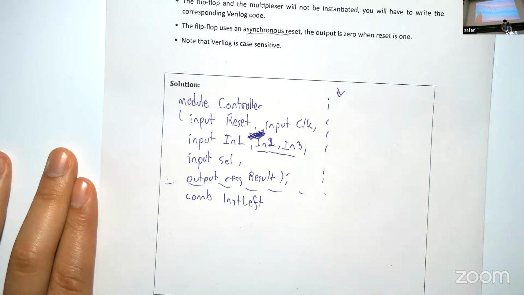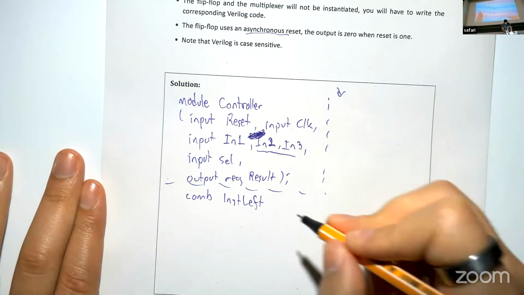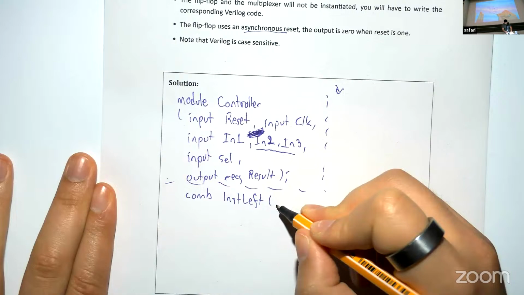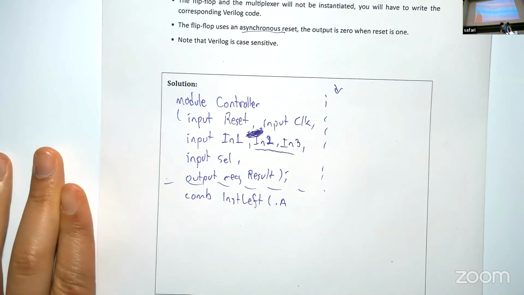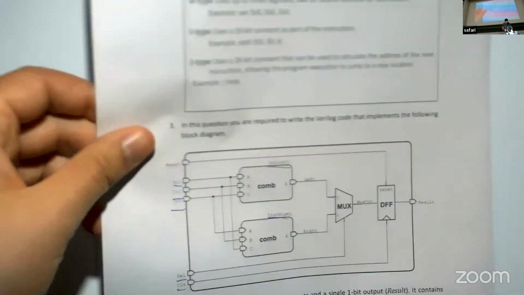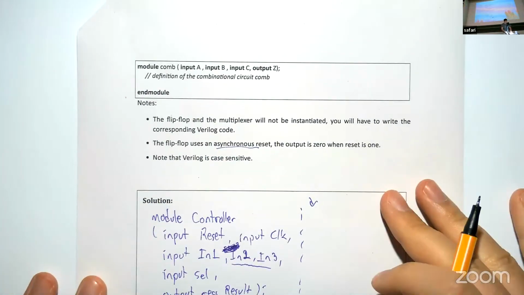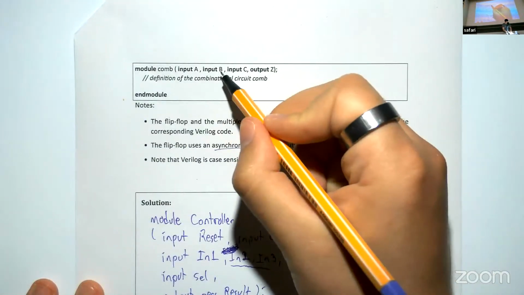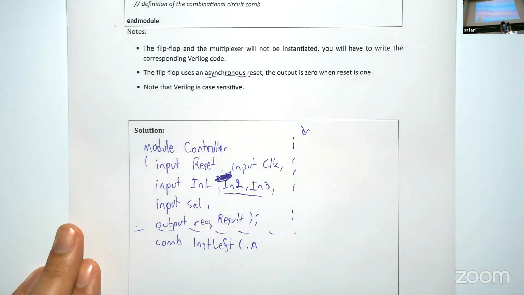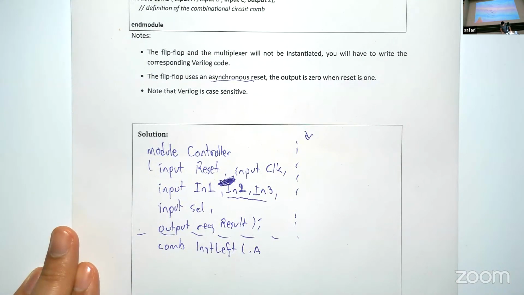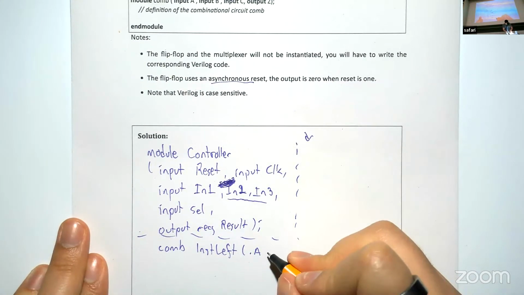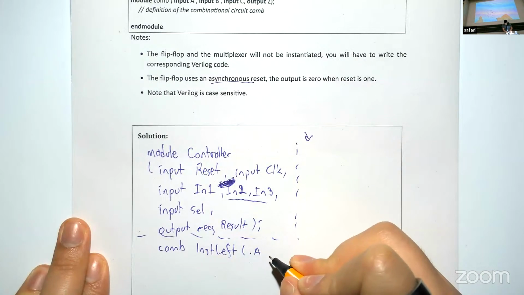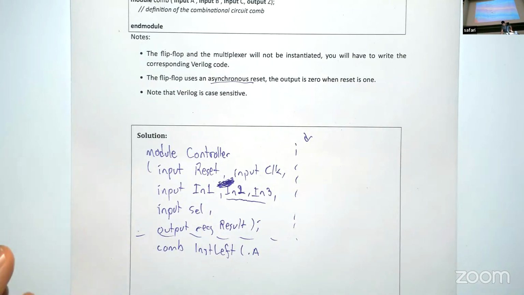Yeah, so we'll connect our signals to this. If you remember from this picture, it has three inputs. The module definition is up here: input A, B, C. We need to connect in 1 to A, something I can see from here.